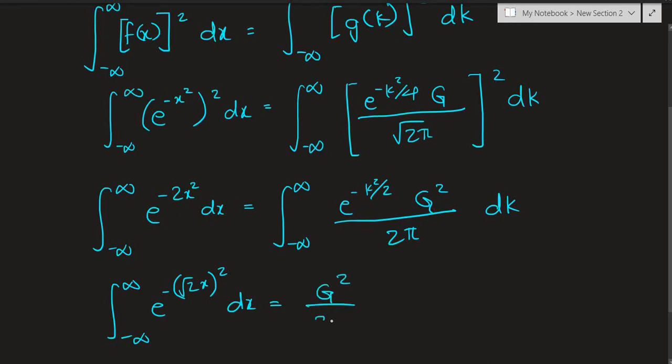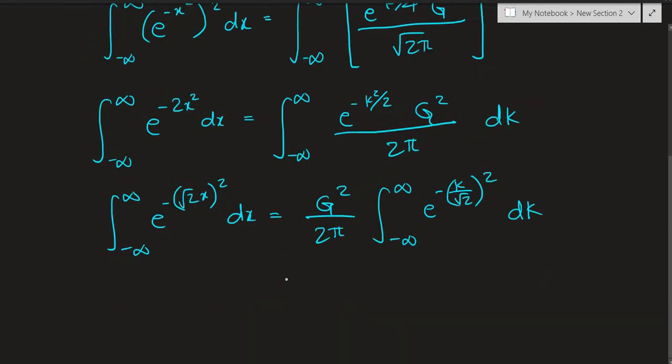We have g squared over 2 pi times the integral from negative infinity to positive infinity of e raised to negative, let's write this as k over root 2, the whole thing squared, because that will be k squared over 2 like we had before, dk. So I'd like to make substitutions on both sides.